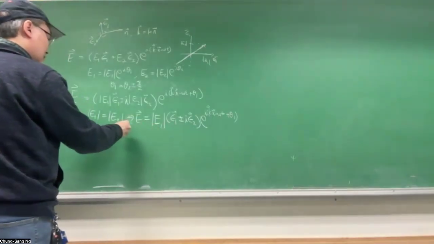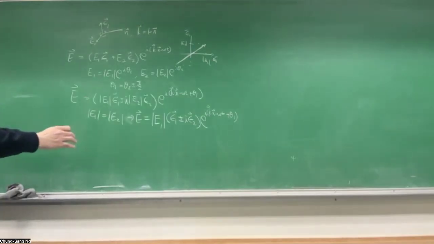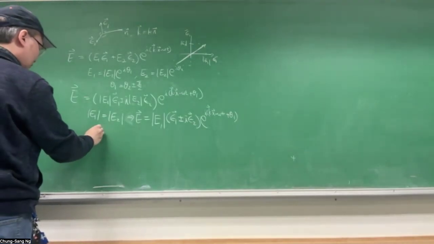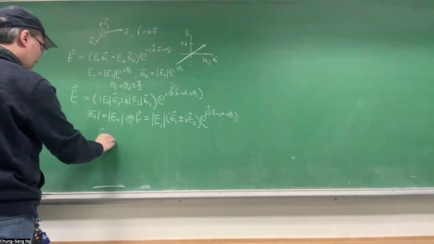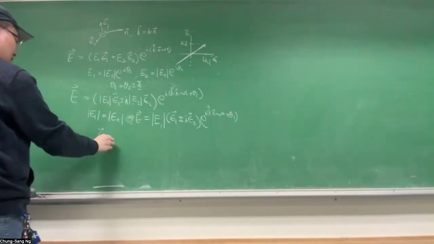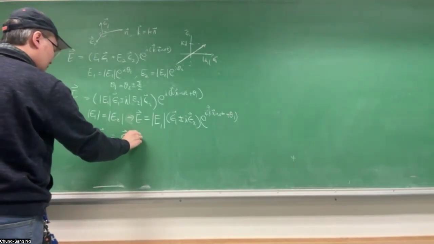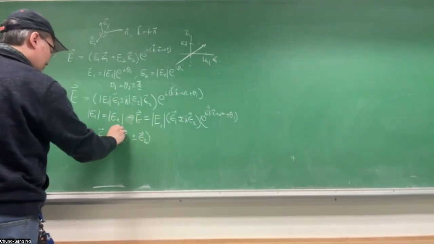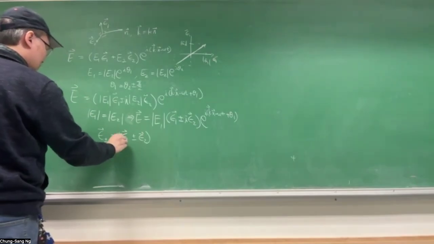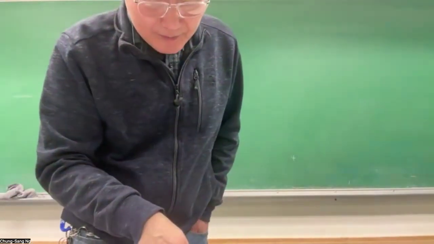But before we do that, there's a usual definition. Instead of defining this real unit vector, you define this complex unit vector for circular polarization. You define epsilon plus or minus, the subscript with plus or minus, defined as epsilon 1 plus or minus i epsilon 2, but you normalize that with 1 over square root of 2.